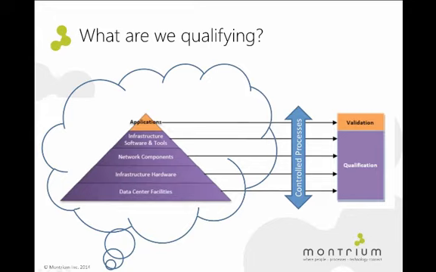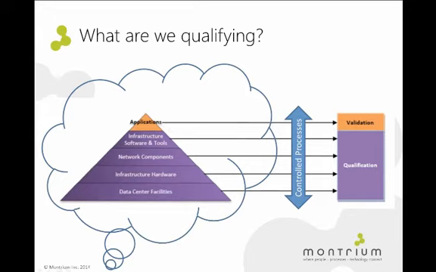But later on in the presentation, we'll be looking at the specific elements that are typically verified as part of the IT infrastructure qualification effort. So taking into consideration the key concerns and the key attributes of the Azure environment, we put together the qualification guideline.